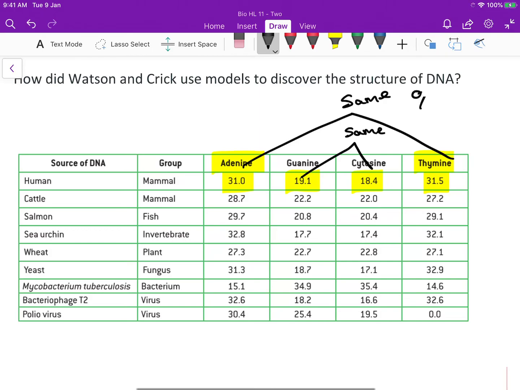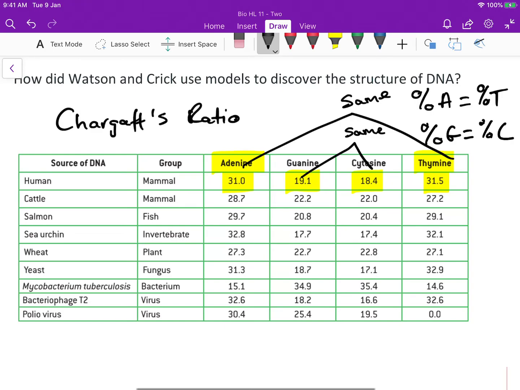So the percentage of adenine equals the percentage of thymine, and the percentage of guanine equals the percentage of cytosine. And so that suggests that they bond together. And so this was one piece of evidence that they used. So this was known as Chargaff's ratio. So Chargaff's ratio is the idea that A equals T and G equals C.